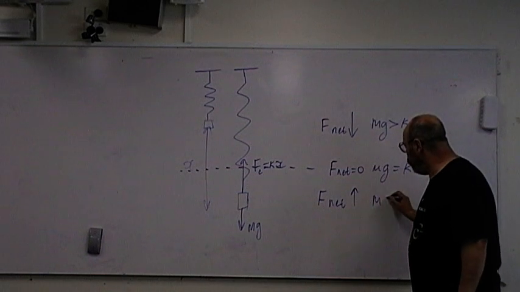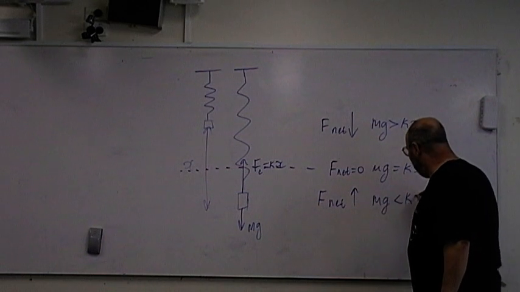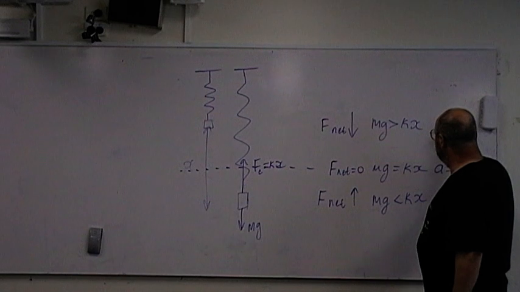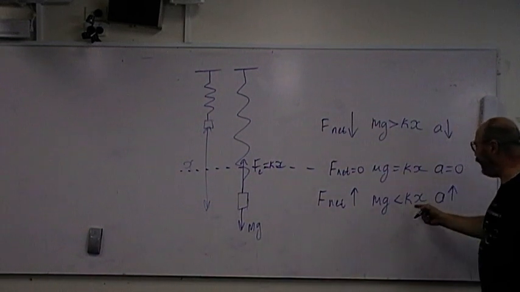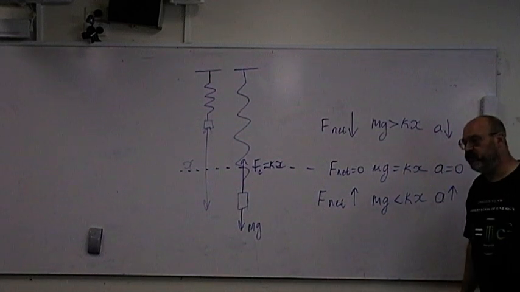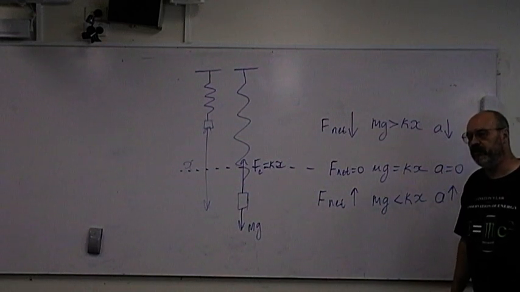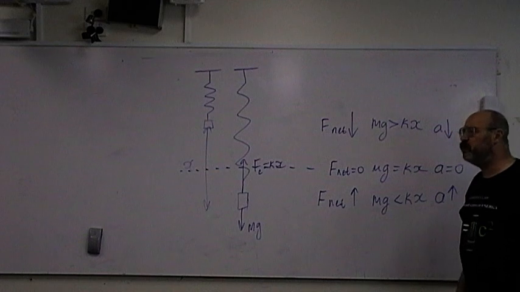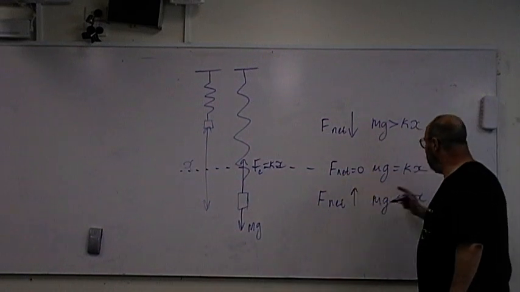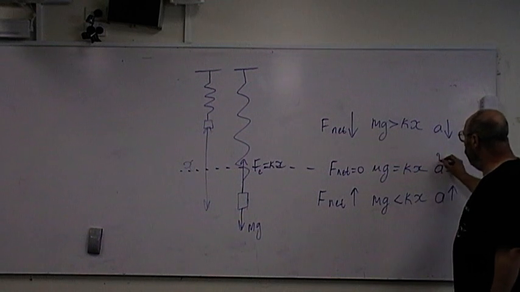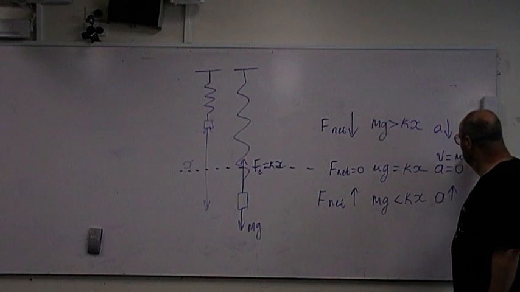We'll have mg less than kx. So here we have acceleration down, and here we have acceleration up because kx is greater than mg. So it's slowing down. Where will be the maximum velocity? In the middle, where acceleration is 0, velocity will be maximum.